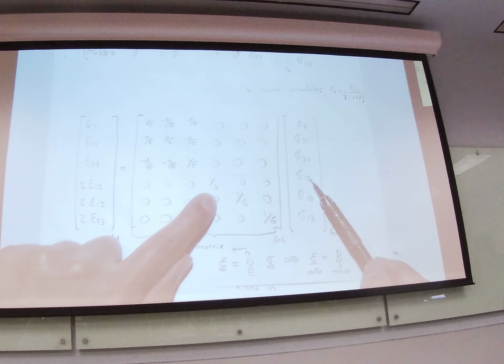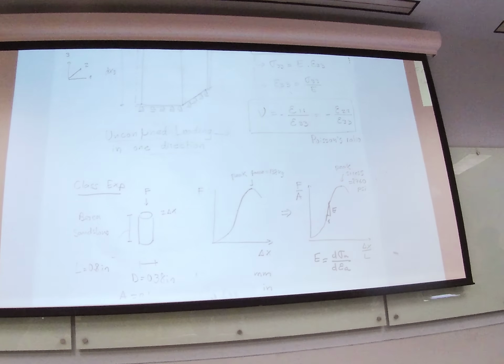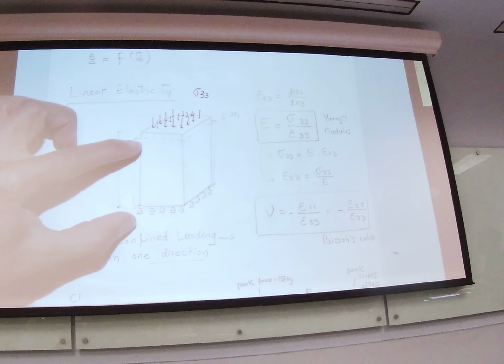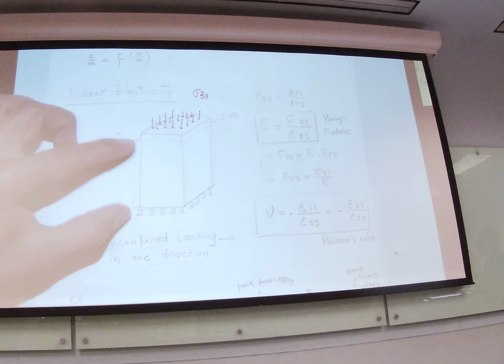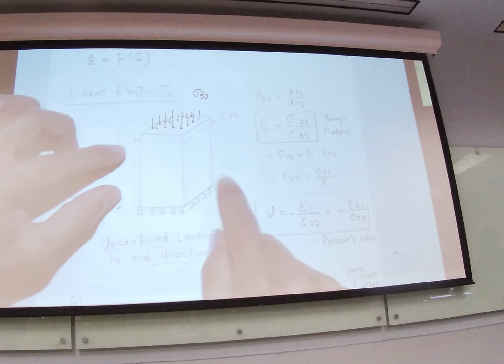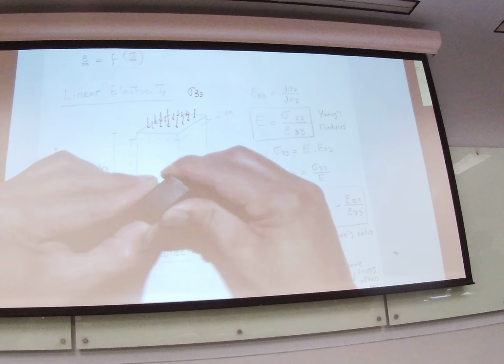But what's the physical reason behind sigma 1,1 not producing that strain in epsilon 1,2? The physical reason would be that if you look at this schematic, a normal stress, because it's normal to that face, would not be able to distort the shape of this in shear strain, like this.